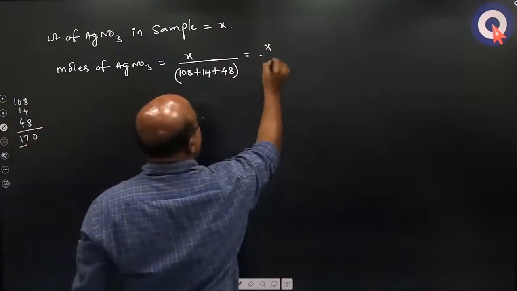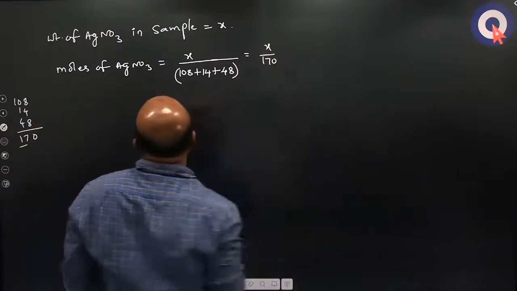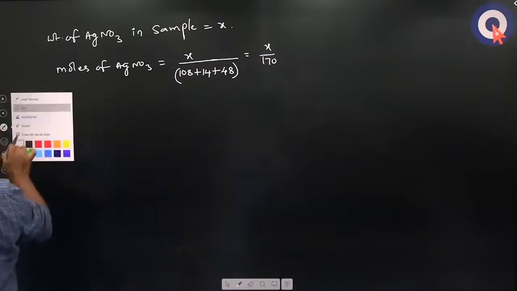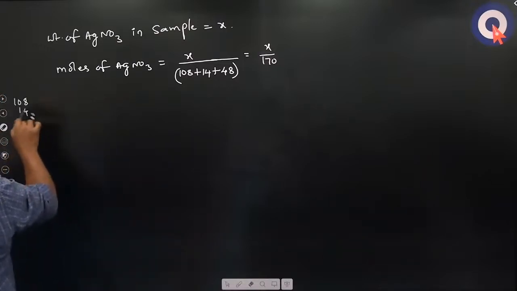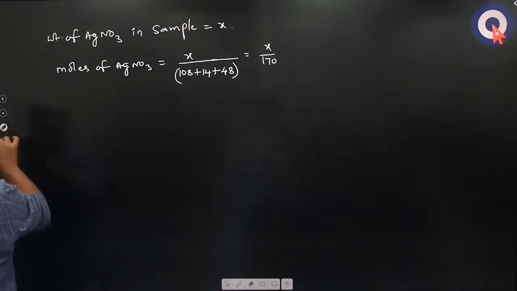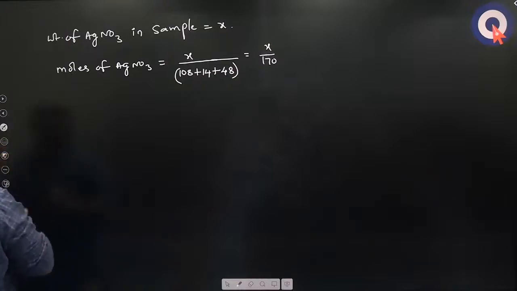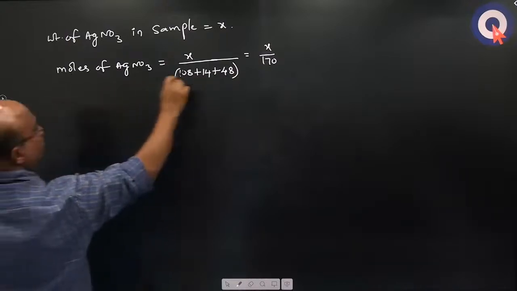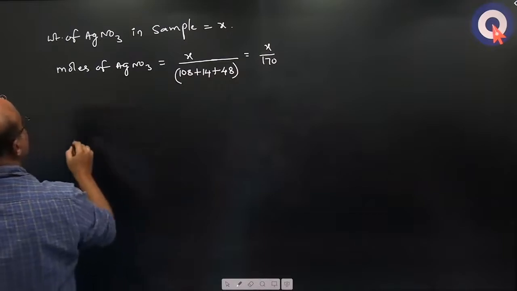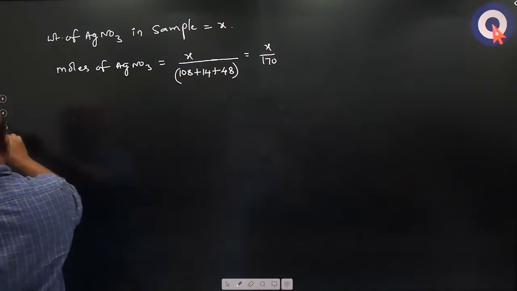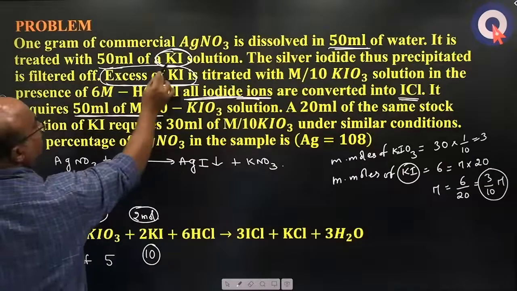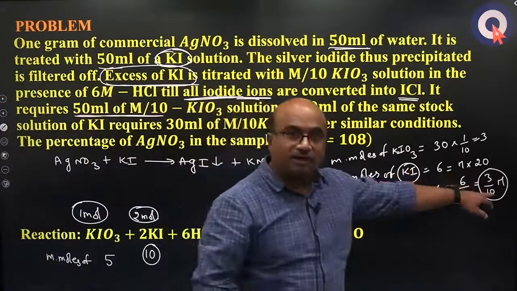So it is x by 170. Now we dissolve this in 50. Clear? So we added 50 ml of KI, which is of 3 by 10 concentration.